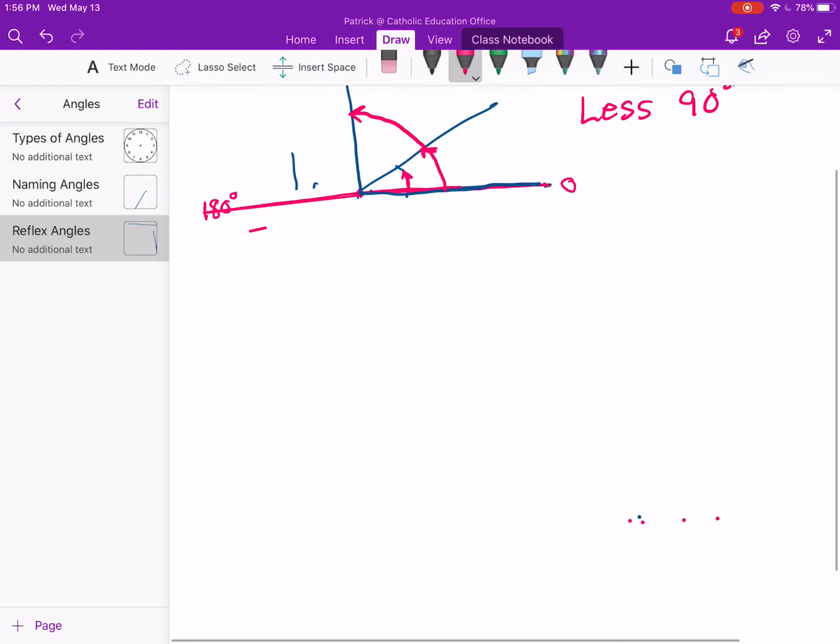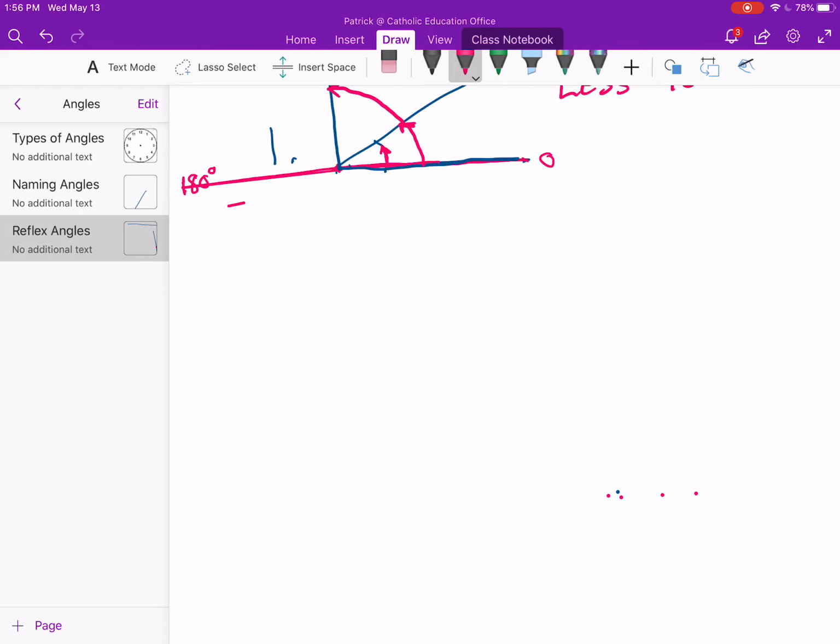Let's take a look at number 2. Let's go. This angle, can you draw that?